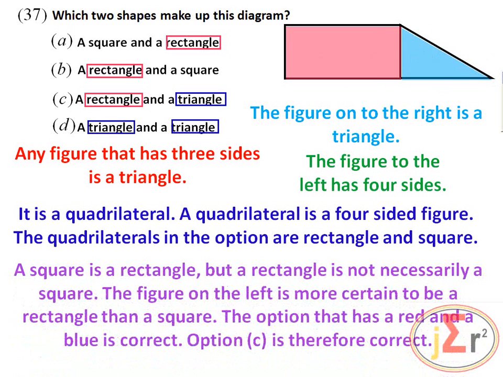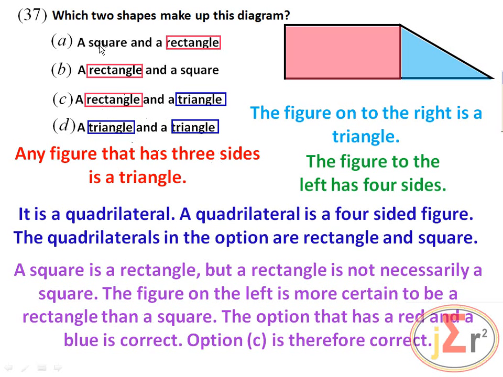A square is a rectangle, but let us take a look at the previous statement. It is a quadrilateral. A quadrilateral is a 4-sided figure. The quadrilaterals in the options are rectangle and square.